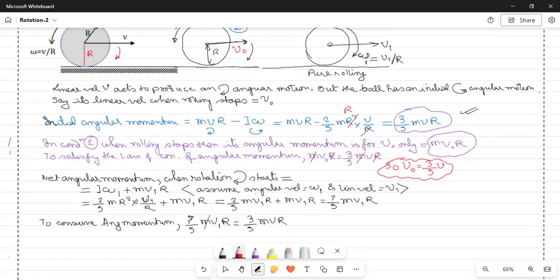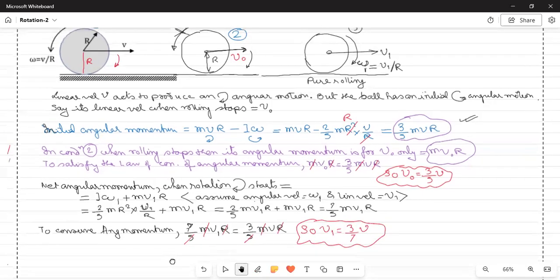Here m and m get cancelled, r and r get cancelled, 5 and 5 get cancelled. So what we are left with is v1 equal to 3v by 7. So v1 is equal to 3 by 7 v. This is so.